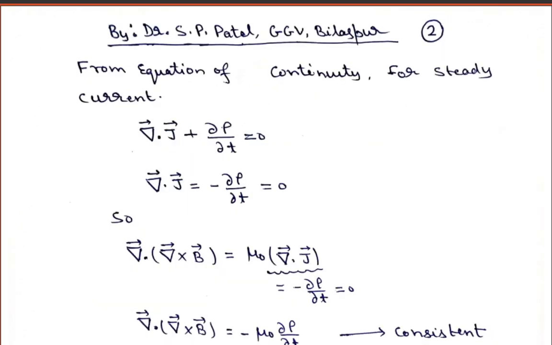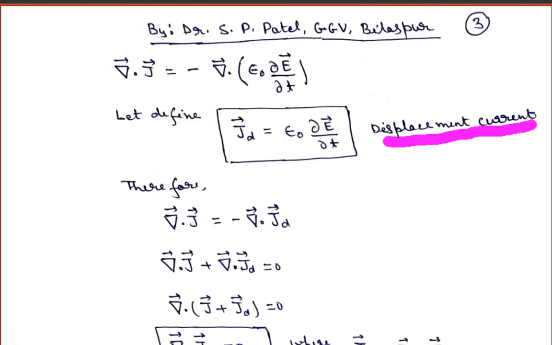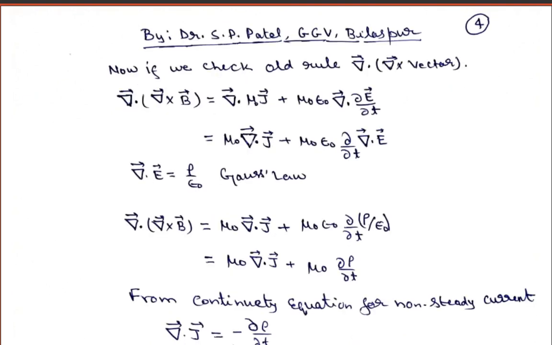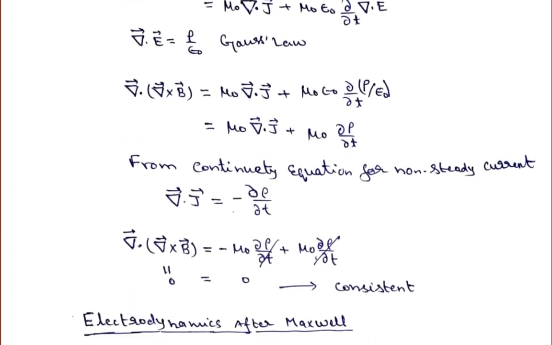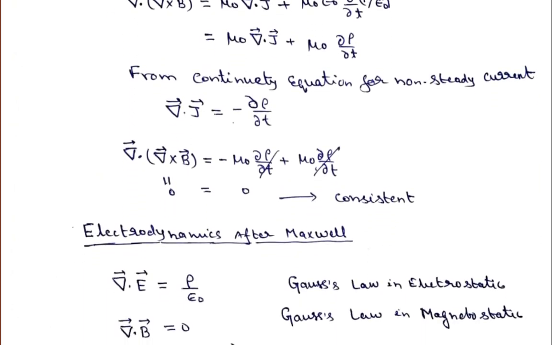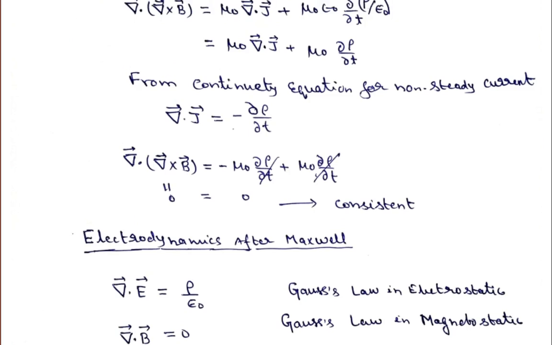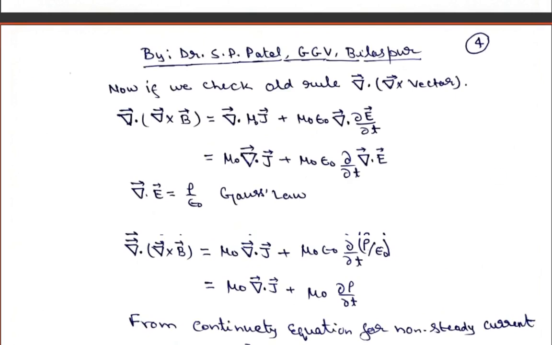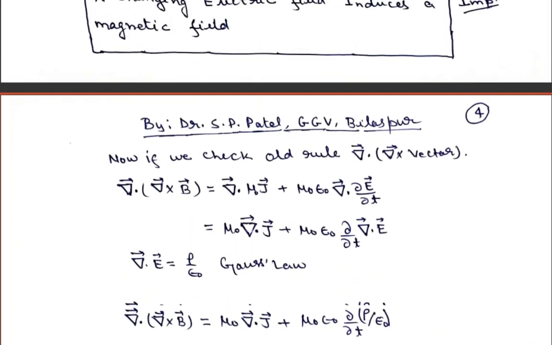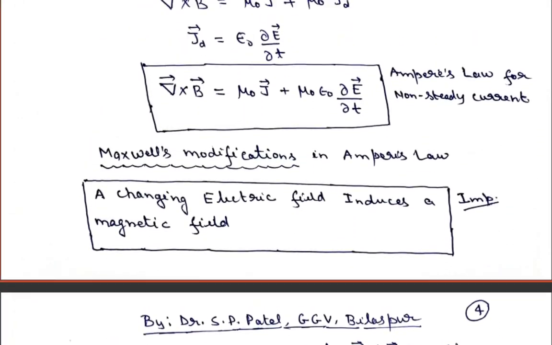Now if we come back to what Maxwell modified, we are here: del cross B is equal to mu 0 J plus mu 0 epsilon 0 del E upon del t.